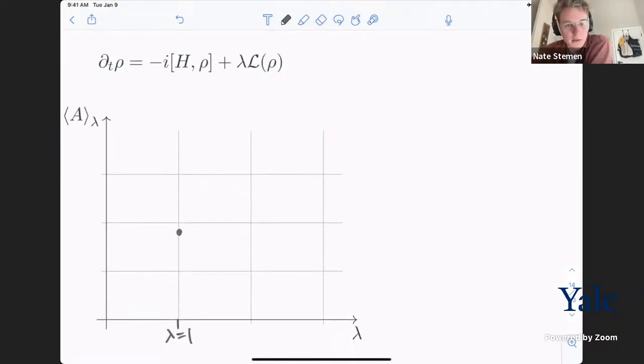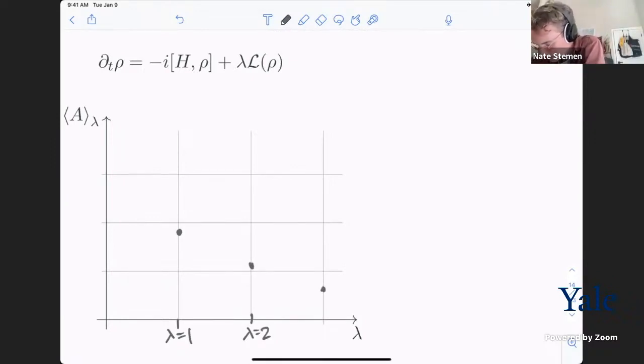And let's imagine you can then run your computation again, but with double the amount of noise somehow. We don't know how we're going to do that yet, but let's say we can run lambda equals 2, and maybe we get some value like this, and then you do that again for 3 times the original noise, and you get something like this.